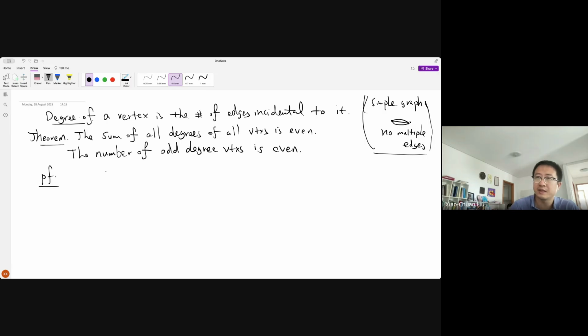So what's happening is that usually we can put D1, D2, D3, until Dn for the degrees of, for example, we list all the vertices, V1, V2, V3, and then Vn respectively.